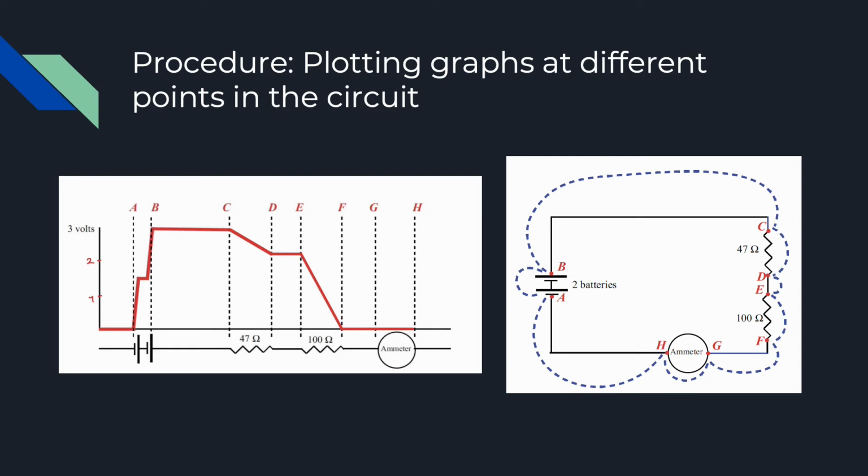And that pattern continues all the way to the end. Essentially, the voltage doesn't change unless it's directly interacting with the resistor, which is why when it's at the wire, the voltage remains constant as well as the ammeter.